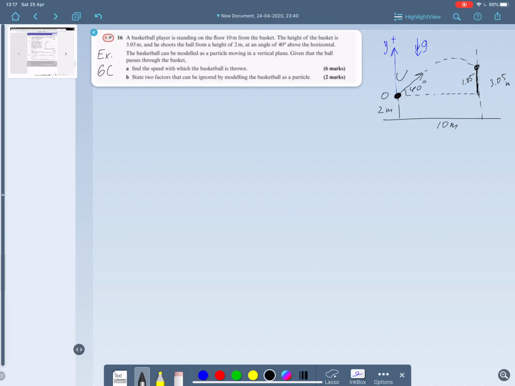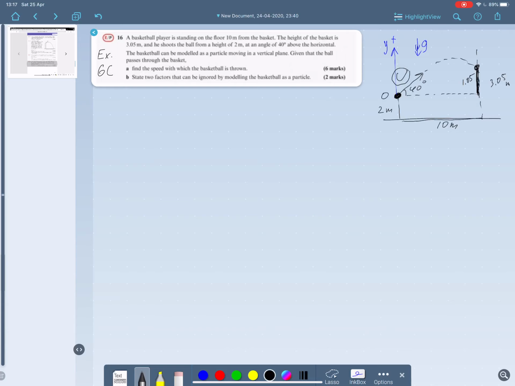Now, time to think how to approach the question. We need to find the speed with which the basketball is thrown. So it means that we are interested in the initial speed. What are we given? We're given the horizontal displacement and we're given the vertical displacement.